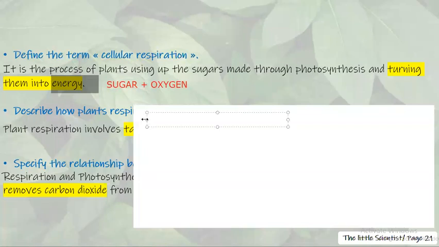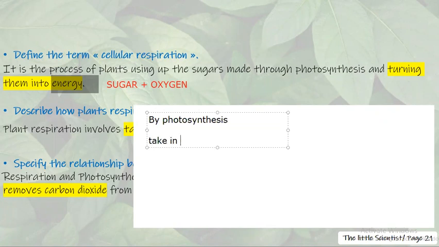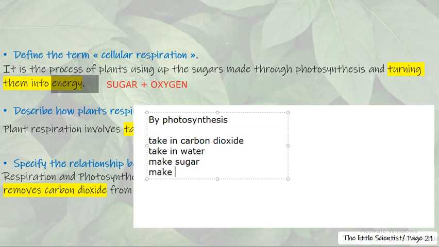By photosynthesis, plants take in carbon dioxide, they take in water, they make sugar, they make oxygen. Okay, the photosynthesis is a process that needs energy. It needs the sunlight energy.